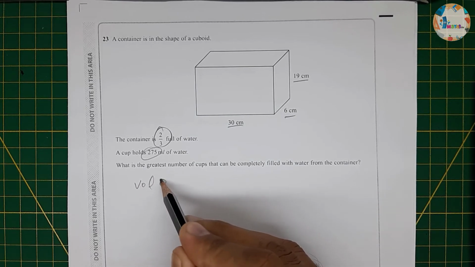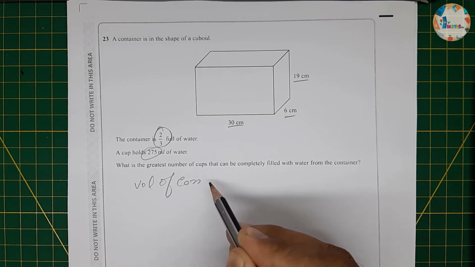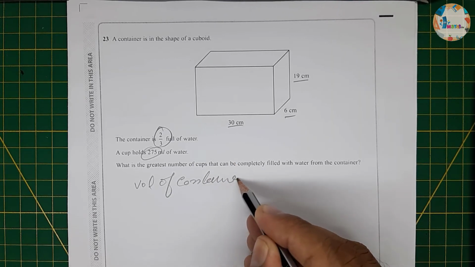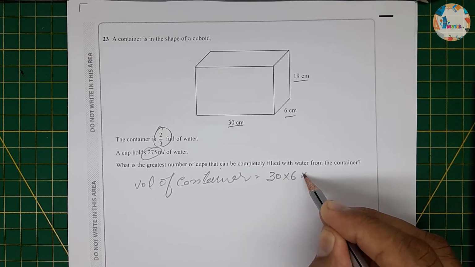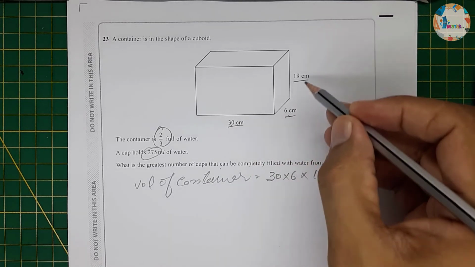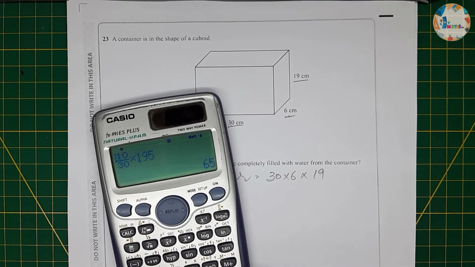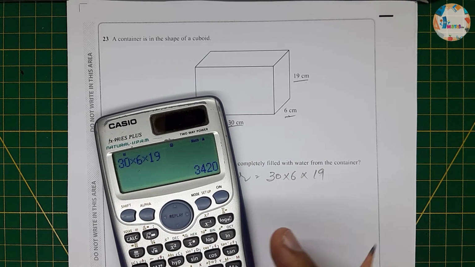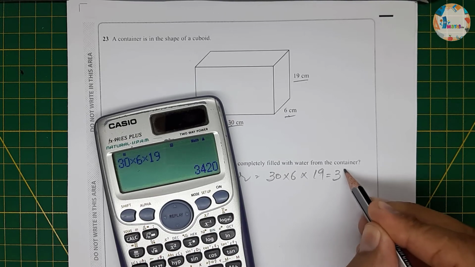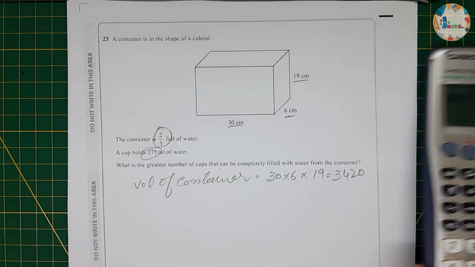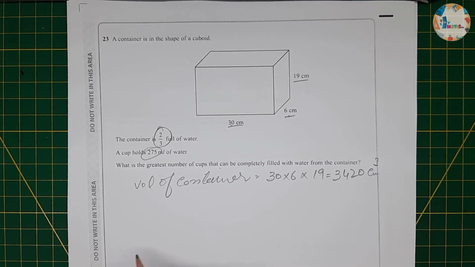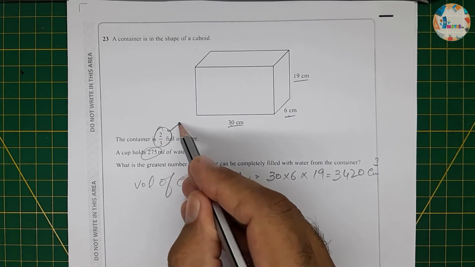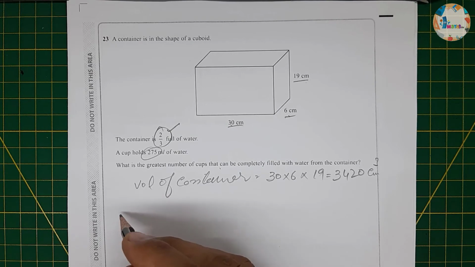First of all, volume of container will be 30 multiplied by 6 multiplied by 19, which results in 3420 centimeters cubed.